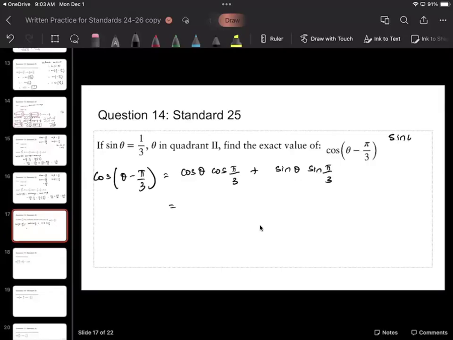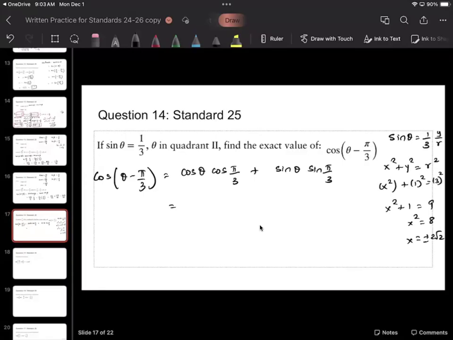So if sine theta is 1/3 and sine theta is y over r, x squared plus y squared is r squared. So we have x squared plus 1 squared is 3 squared. X squared plus 1 is 9. X squared is 8. X is plus or minus 2 root 2.